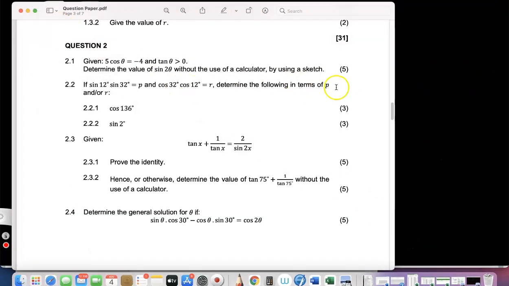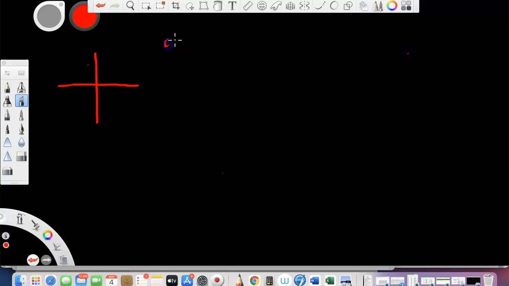Okay, so what we see here is that we've got 5 cos theta equal to -4. So I can just divide both sides by 5 so that I have cos theta is equal to -4 over 5.